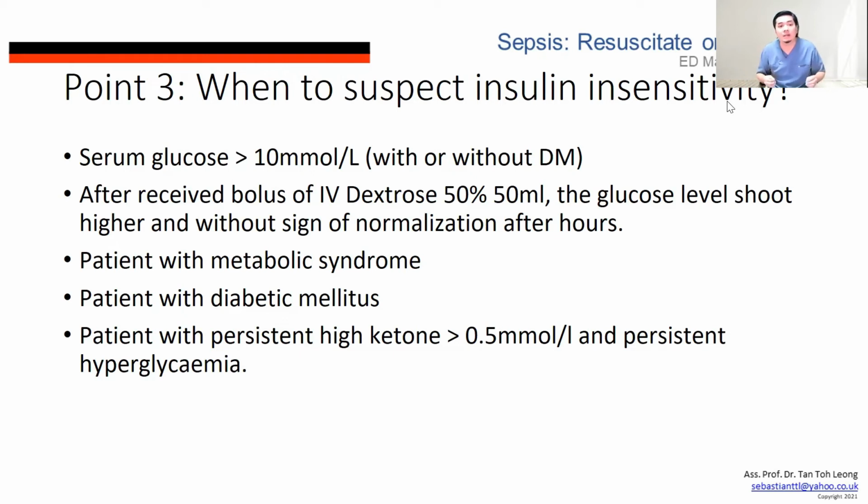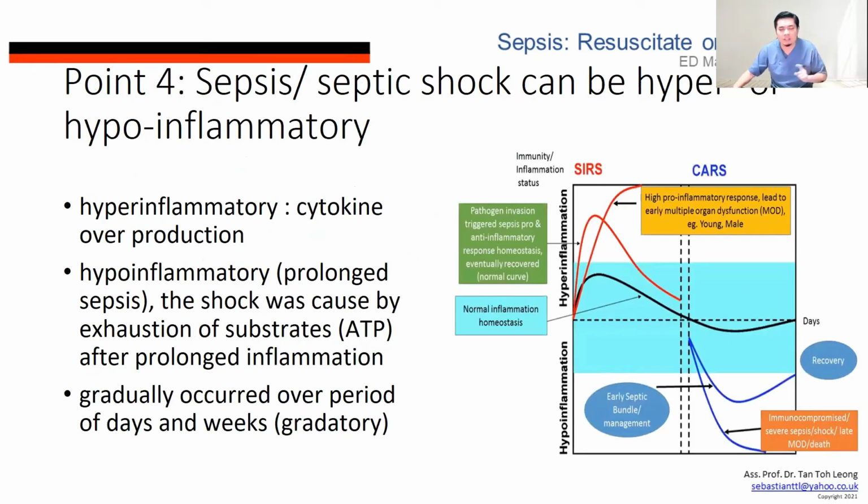In the situation where your glucose level is more than 10, with or without DM, or after receiving a bolus of glucose, the patient's glucose level shoots up without any normalization after hours. Patients with metabolic syndrome usually have this insulin insensitivity. Also patients with diabetes mellitus, and patients with a persistent high ketone more than 0.5 and persistent hyperglycemia. So you have to suspect they are insulin insensitive. Why do we need to know that? We need to give insulin.